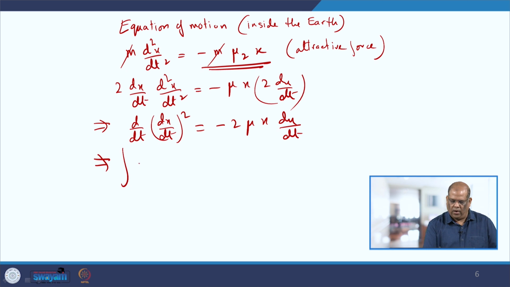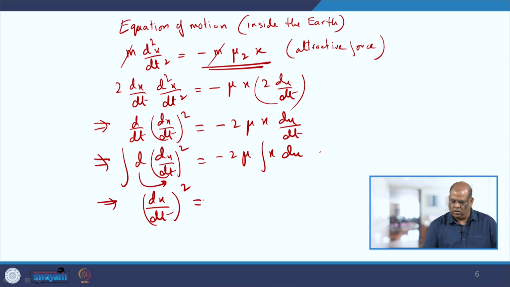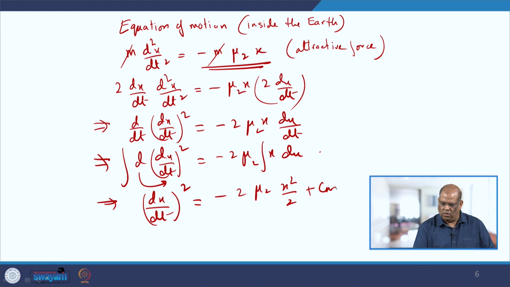If we integrate, d of (dx/dt) whole squared equals minus 2 mu 2 integral of x dx. If you integrate d of anything, it gives you that thing back. So, (dx/dt) whole squared is equal to minus 2 mu 2 x square by 2 plus constant.